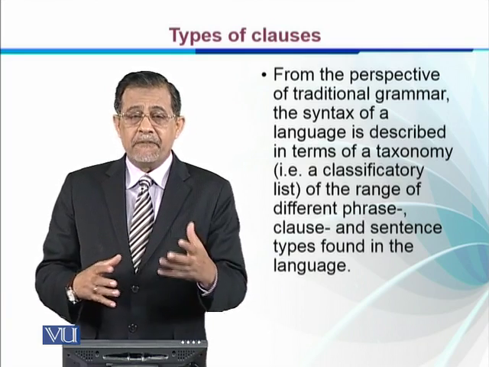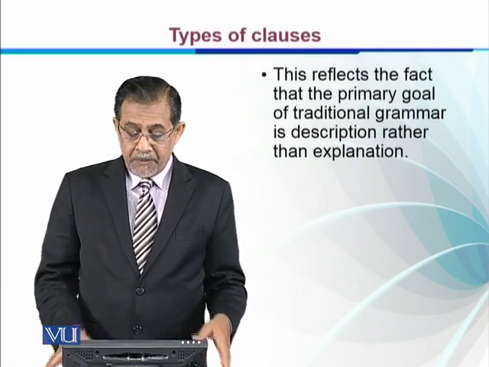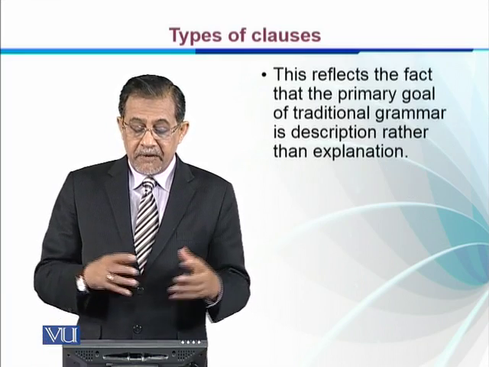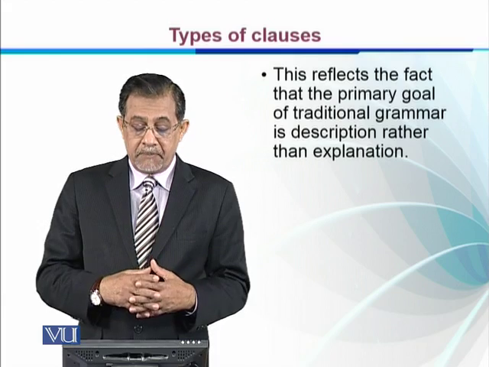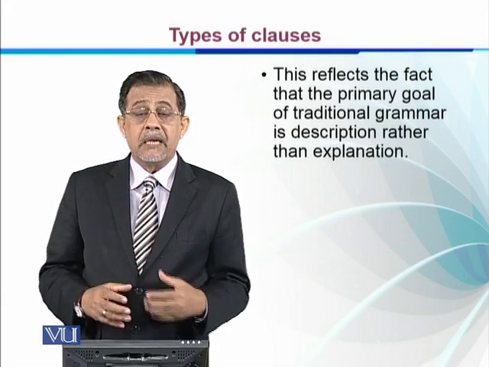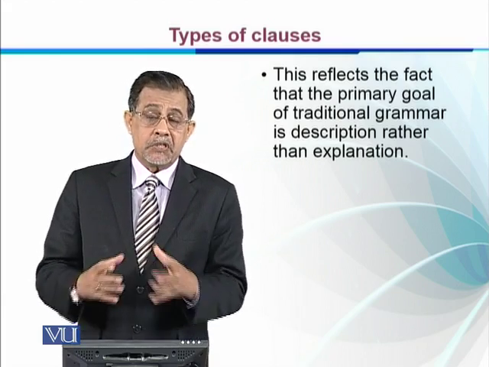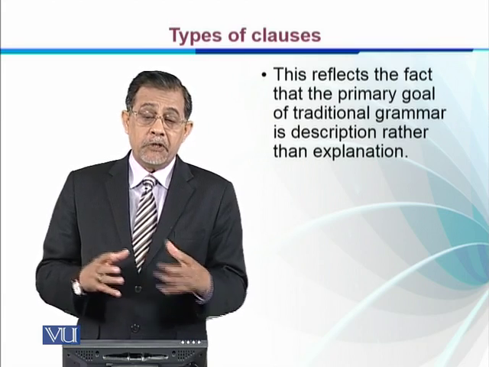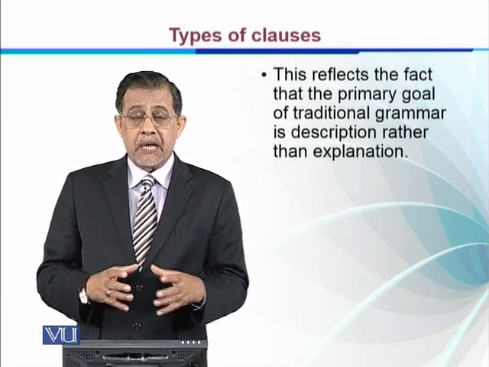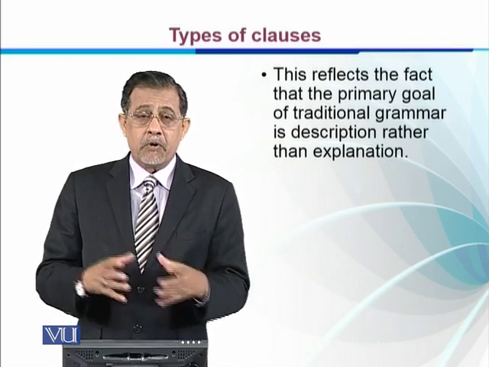So there is a classification. This reflects the fact that the primary goal of traditional grammar is description rather than explanation. So this is what differentiates traditional grammar from descriptive grammar or syntax.